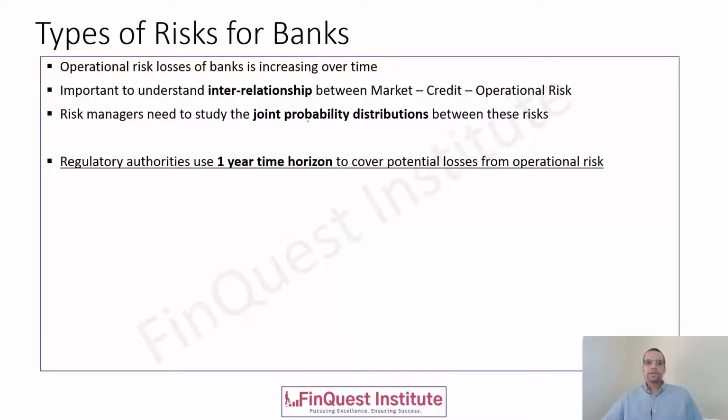Now, risk managers need to study the joint probability distributions. This is a related point. Whenever I say that we are talking of interrelationships, the technical term for that is the joint probability distribution, something which we have discussed as a part of the quantitative methods videos as well.